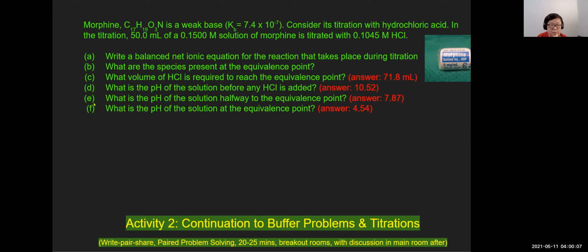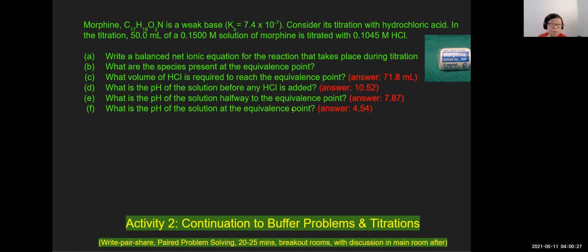Part D is just a simple weak base problem. Part E, so you're going to use equilibrium and ice table. Part E, what is the pH of a solution halfway to the equivalence point?